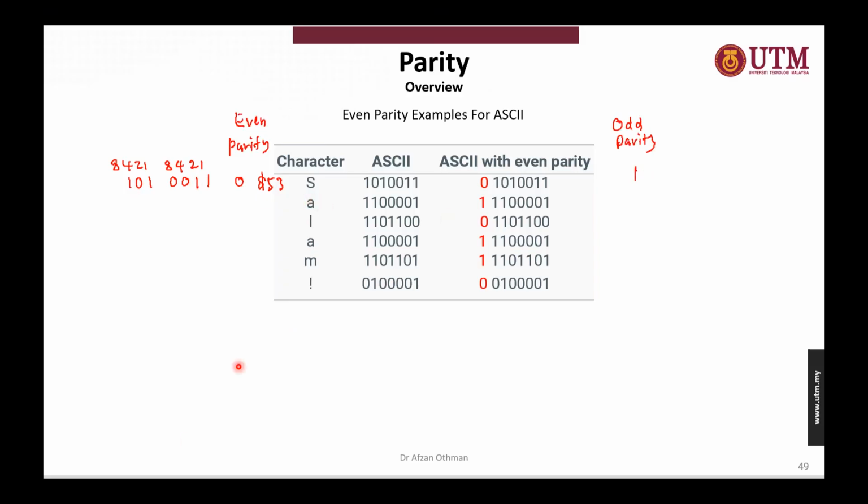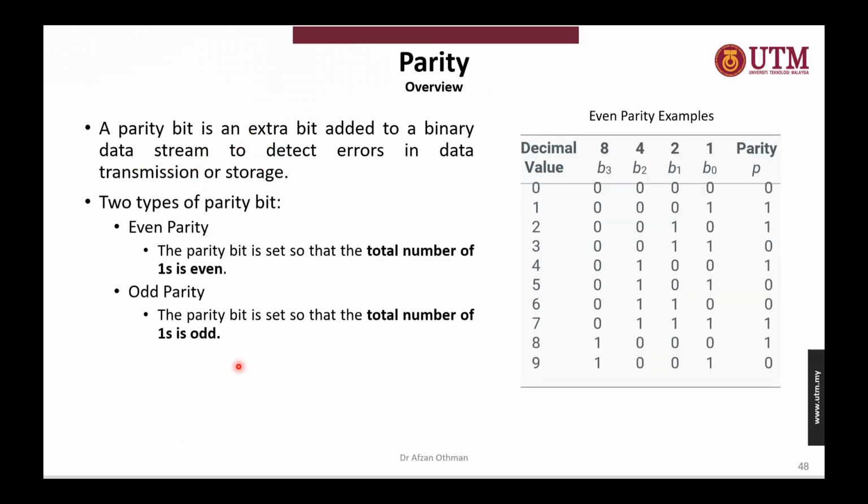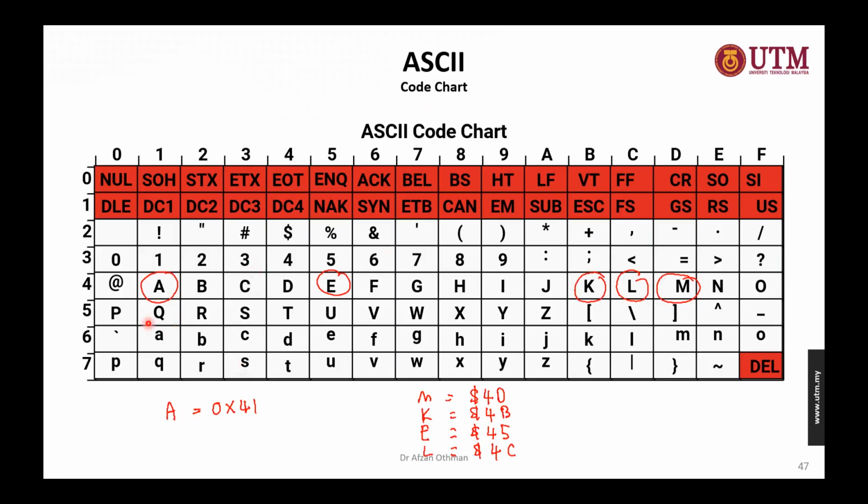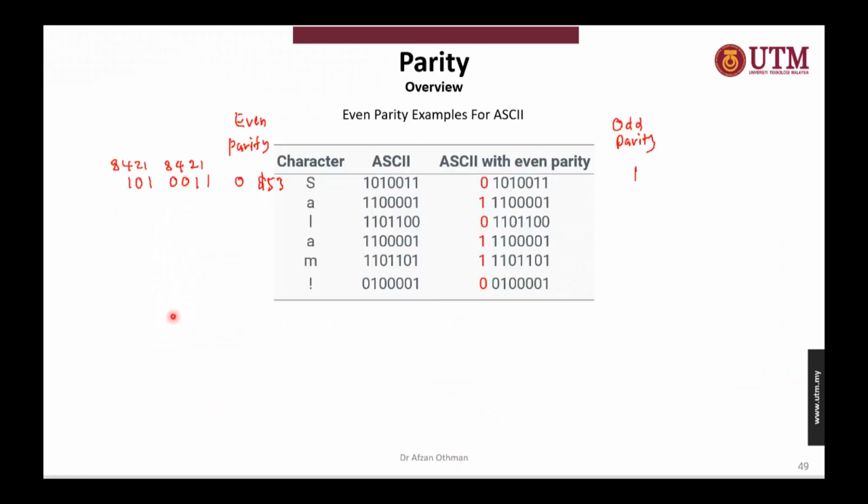What about A? Now we're going to look at A. What is a small a? Small a is 61. Change it to the binary representation. So we get 110, and 1 is 0001.